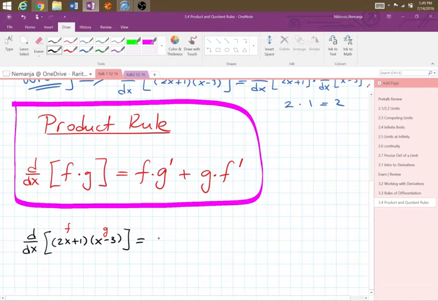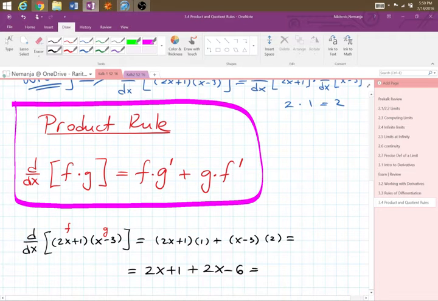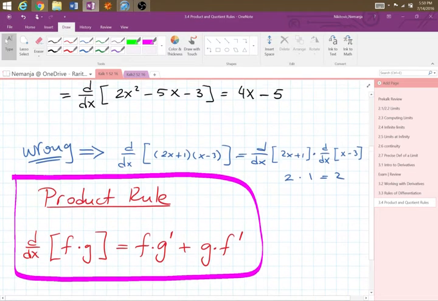So copy the first one, 2x plus 1, times the derivative of the second, which is just 1, plus copy the second, which is x minus 3, times the derivative of the first, of f, which is 2. And now when you solve this, you just clean up the algebra. You have 2x plus 1 plus 2x minus 6, which altogether is 4x minus 5, and that better be the same. Yep, 4x minus 5.